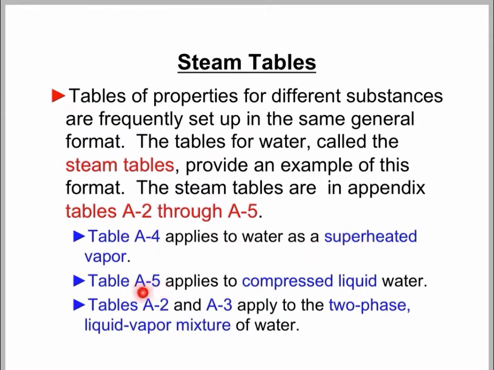Table A5 we use very infrequently, and that is the compressed liquid. Tables 2 and 3 are what's happening while you are at the phase change temperature for that given pressure. Many of your homework problems will address this exact need and usage of the steam tables.